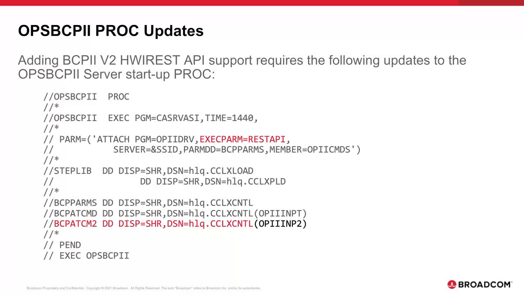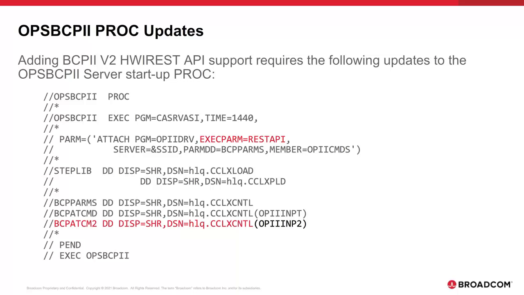To change the procedure to include support for BCPII version 2, you must: 1. Add the EXEC PARM=REST API keyword, which is highlighted in red above. And 2. Add the BCPATCM2 DD statement. The member name OPIINP2 is required and distributed in the CCLXCNTL dataset.